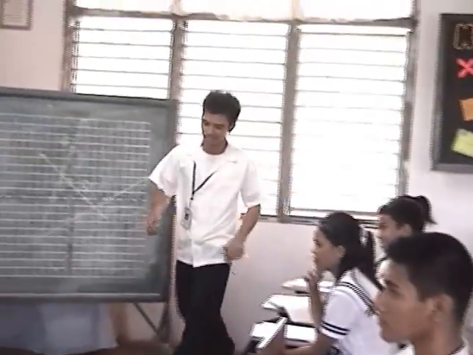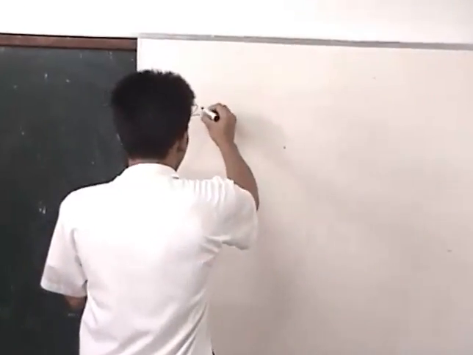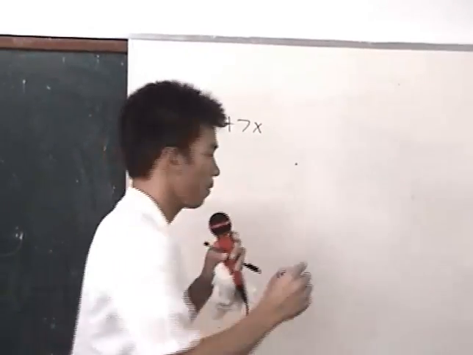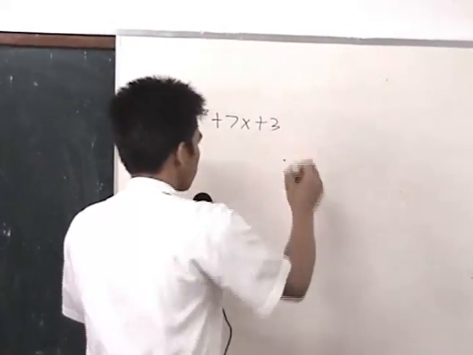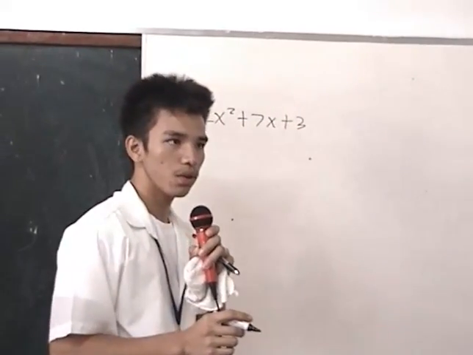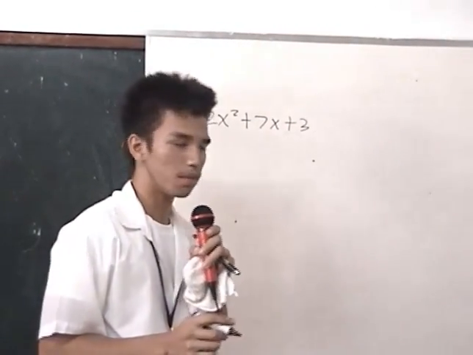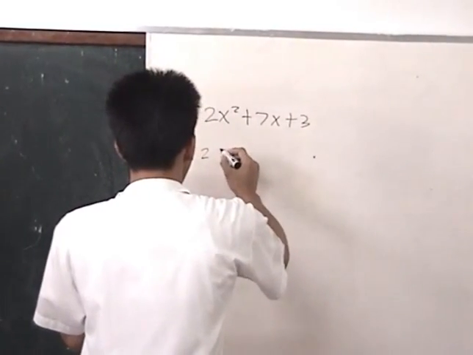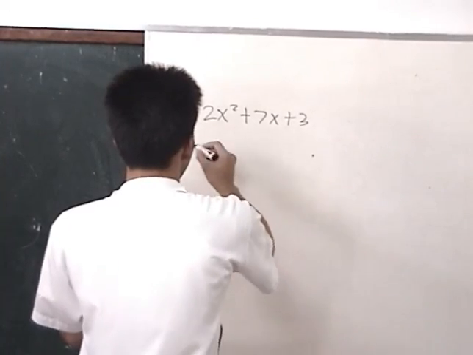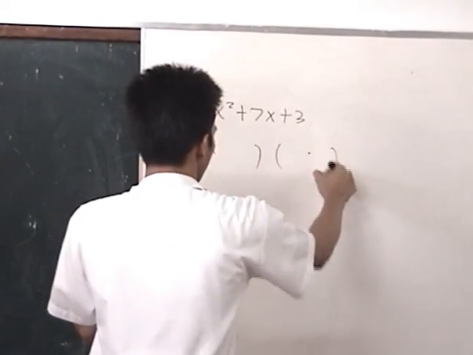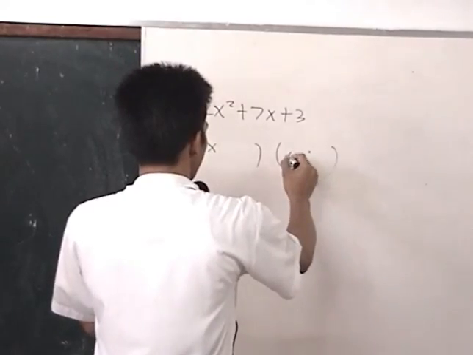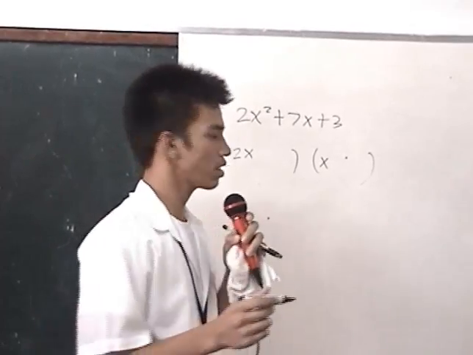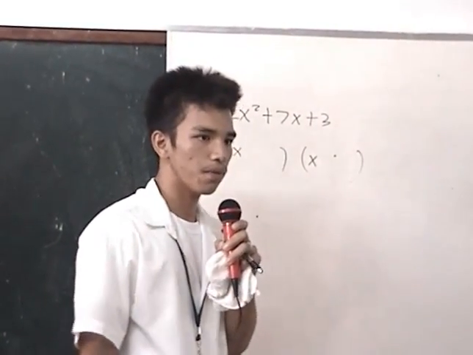2x squared plus 7x plus 3. First, we have to get the factor of the first term, which is 2x and x. Next, we have to find the factor of the last term.